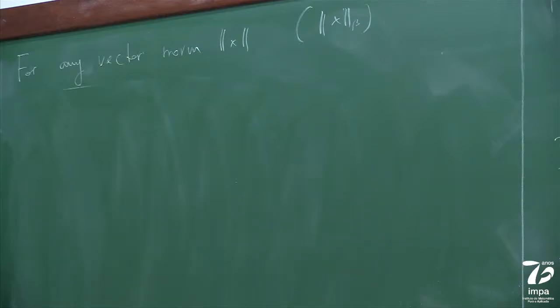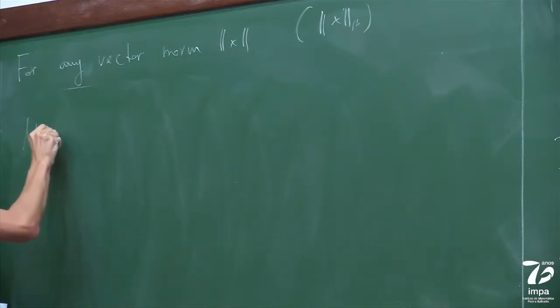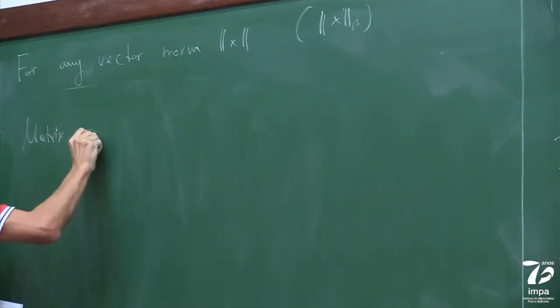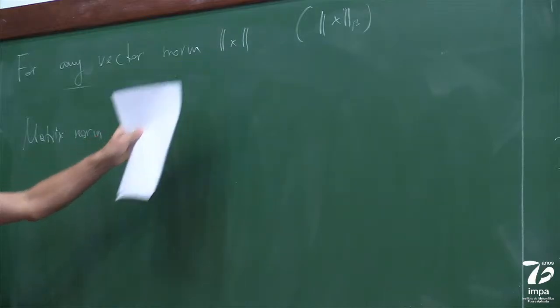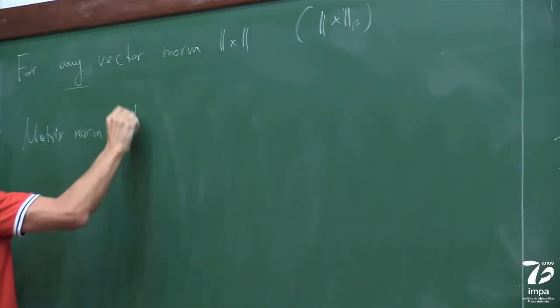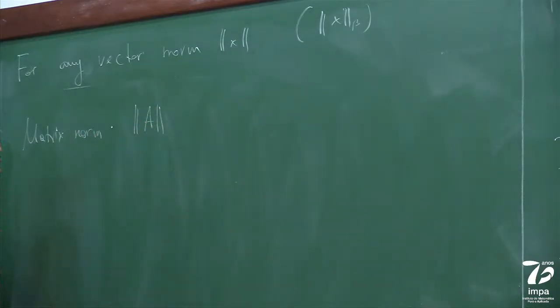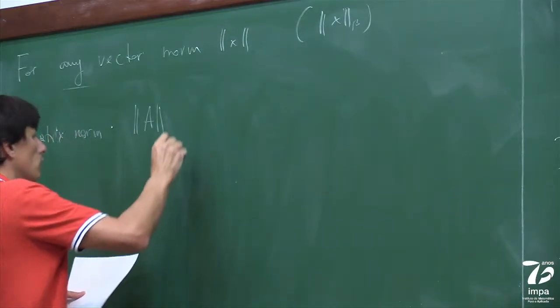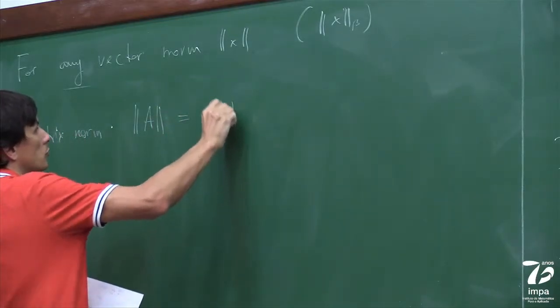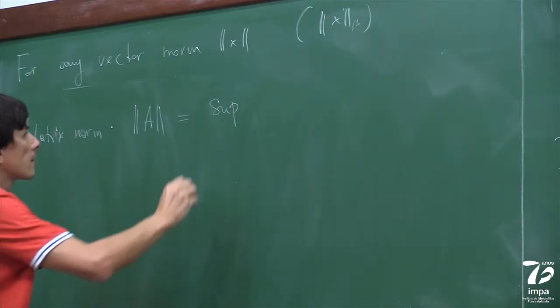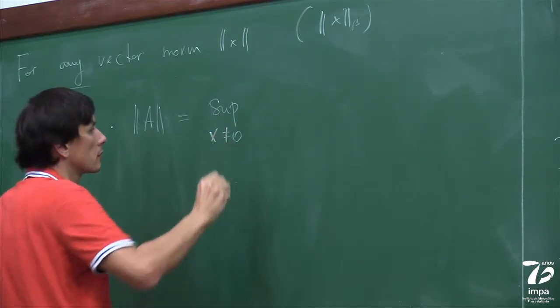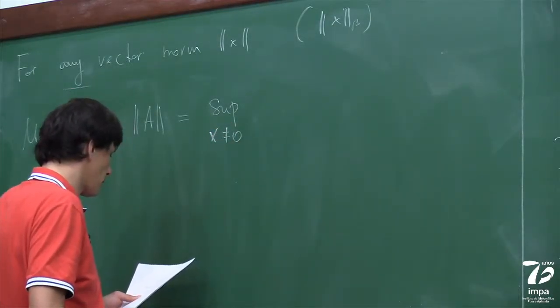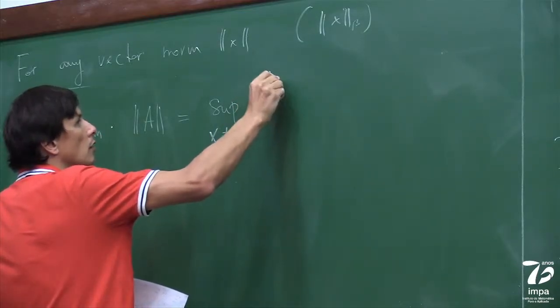We can define the corresponding matrix norm, which is associated with this norm. So for any norm, the analogous norm of the matrix will be the sup over x non-zero. Actually, it's max, but it doesn't matter.